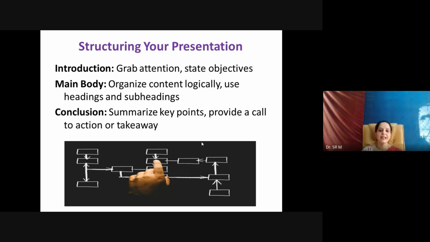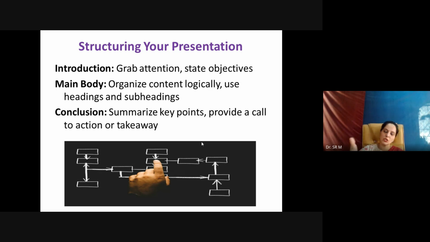Then we need to clearly articulate the objectives. So what are the objectives of my presentation? That means I'm trying to provide a roadmap for my listeners. State what you aim to accomplish or what your attendees can expect to learn by the end of the session. You can tell your audience what you'll cover.